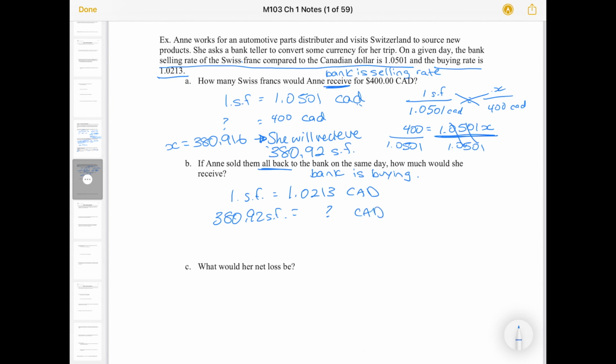So especially when I have it set up this way, I like to use this shortcut because to get from 1 to 380.92, it's pretty clear I need to multiply by 380.92. And what I do to that side, I have to do to the other side. Now, if you don't like this method, don't use this method.